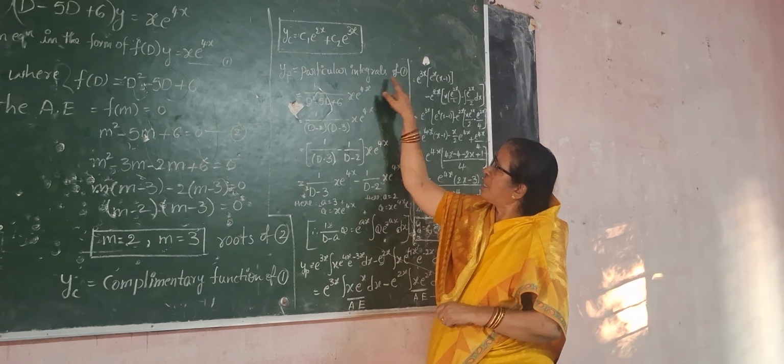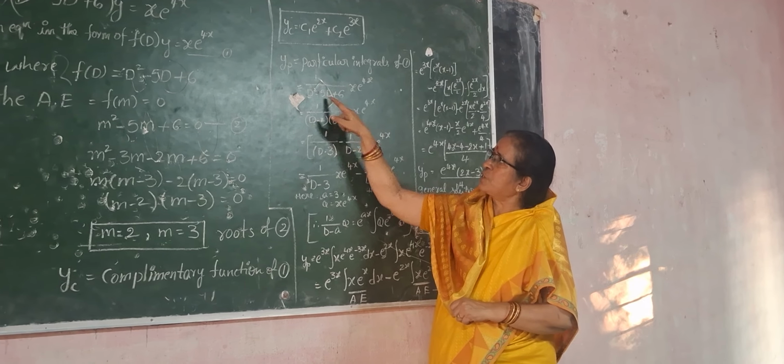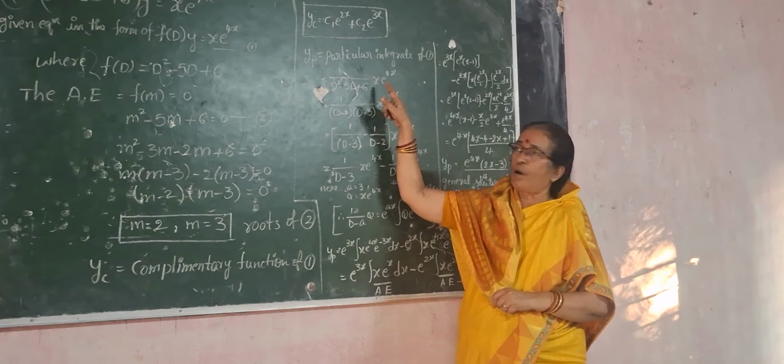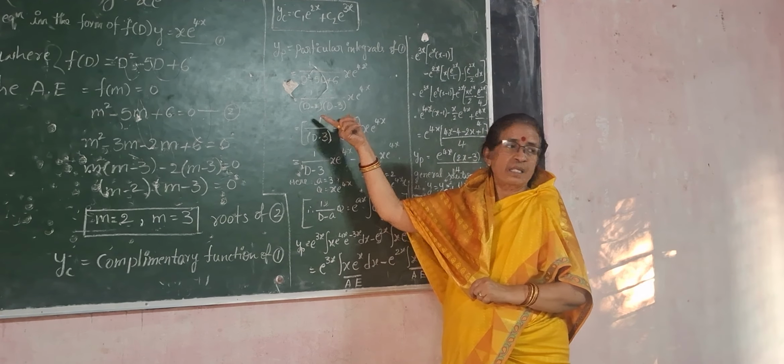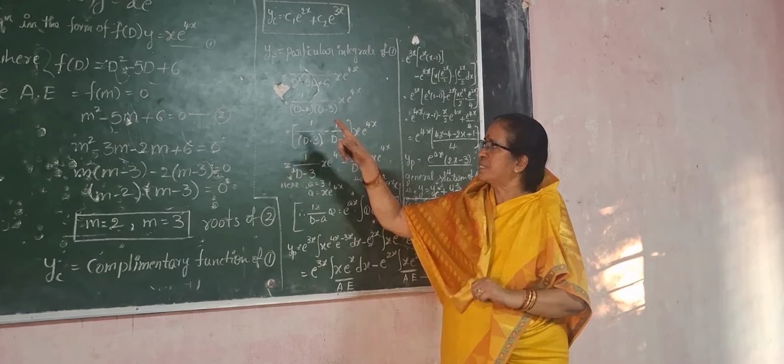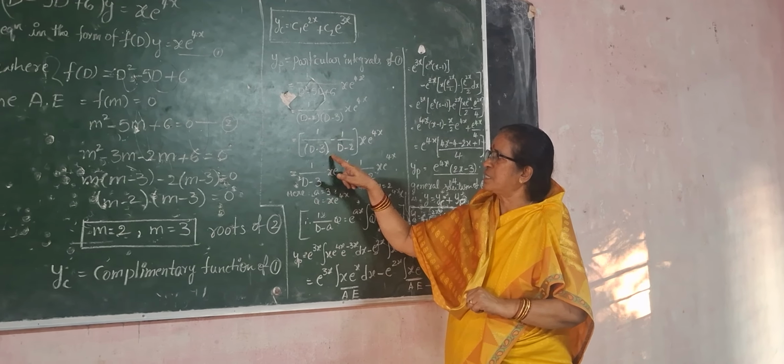Now we are going to find the particular integral. yp equal to 1 by (D square minus 5D plus 6) operating on x into e power 4x. Now this can be written as the product of two factors, (D minus 2) into (D minus 3).